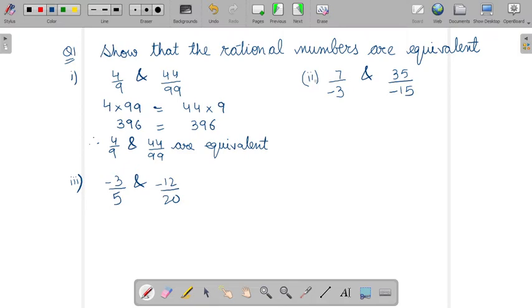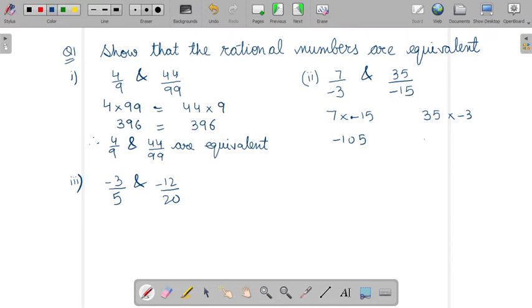Similarly, in the second part, again do the cross multiplication. Let's see whether we are getting the same. In the question itself, it has been asked to show that the rational numbers are equivalent, so it must come out equal.